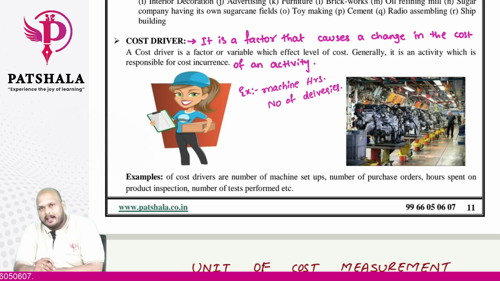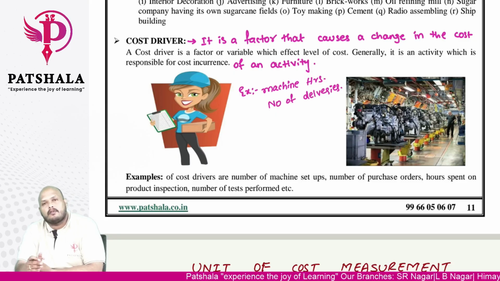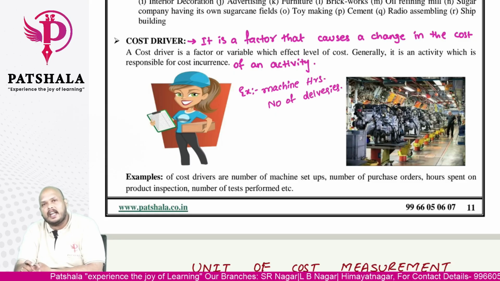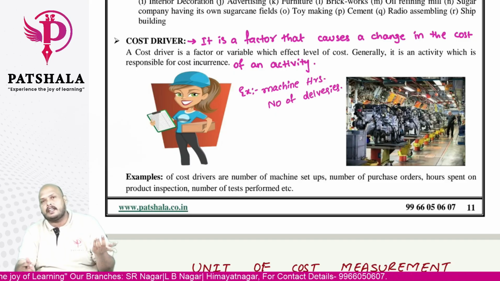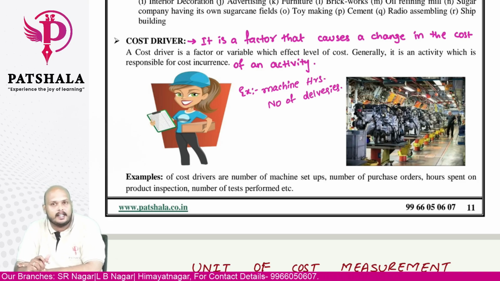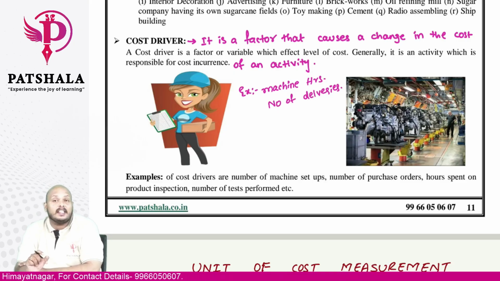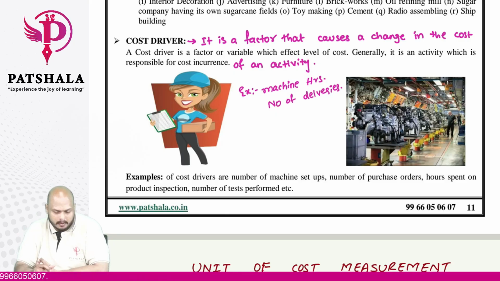The more deliveries the delivery boy makes to the customers, automatically our transportation cost will increase, our packing cost also will increase, and the delivery wages which we need to pay to the delivery boy also will increase. So here number of deliveries is a cost driver, which indicates that when the number of deliveries is increasing, automatically your sales also increase. When sales increase, at the same time your expenses also increase. So anything which will cause a change in the activity, we will call it a cost driver. Understood?